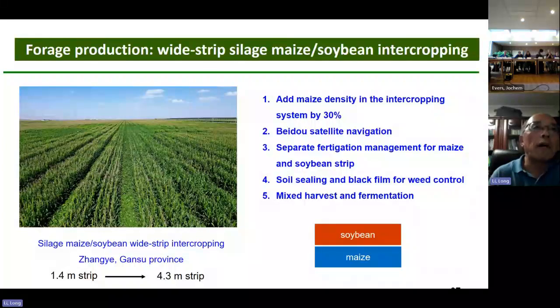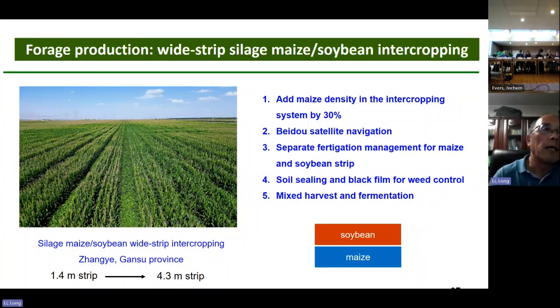We also have this kind of forage production, using maize-soybean intercropping, also with the largest machine. This system, with legumes and cereals together, can increase the protein concentration in silage.